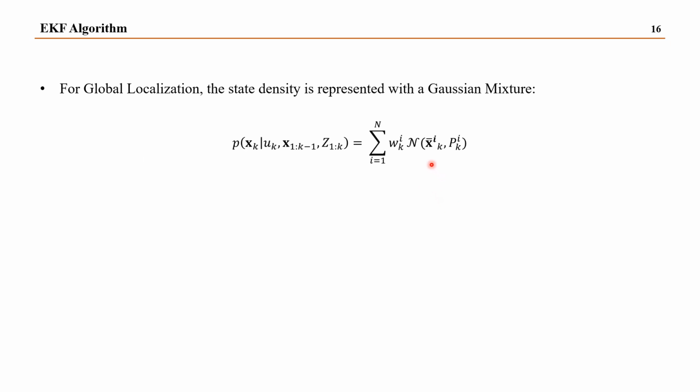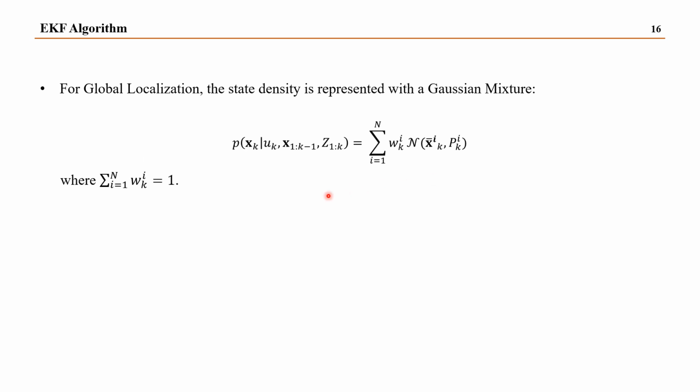And then we have a Gaussian density with mean xki and covariance matrix pki. Of course, the weights should sum to 1 for this to be a correct PDF or probability density function.